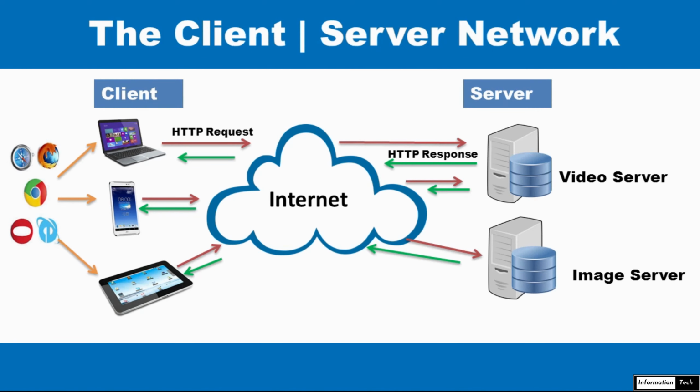Let's take a look at this client-server network illustration I've got here. So basically anything that you use to access data over the internet is referred to as a client. So your laptop, your phone, or your tablet, or anything that has internet connectivity and has a web browser is known as a client. Usually if you want to access a resource, say for example go to Facebook or Instagram, you'll be doing that via your web browser, and you'll be using a client, which could be a phone, your laptop, or your tablet.